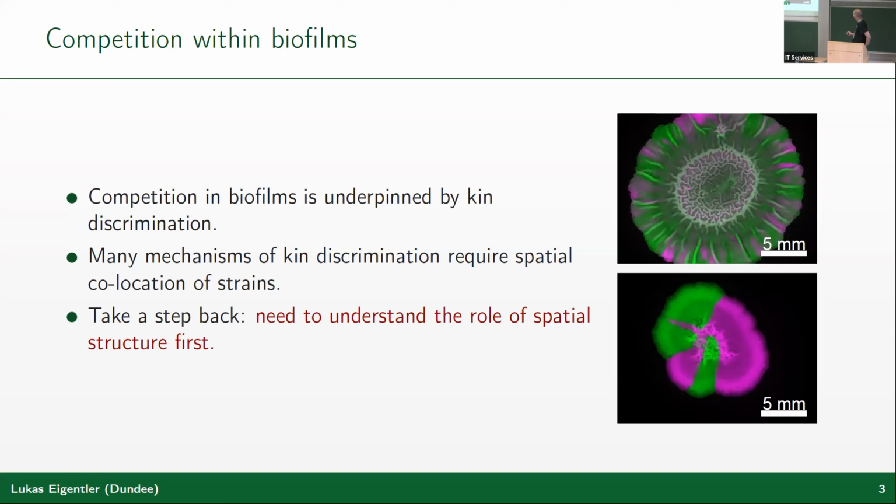Here we have clear spatial segregation, whereas here it's a much more homogeneous mix compared with the bottom one. Quite importantly, the green strain up here and the green strain here, and the same for the purple, are the same strains. So those two biofilms have the same species composition, the same strain composition. I'm going to tell you in a second what the actual difference between those two images is.